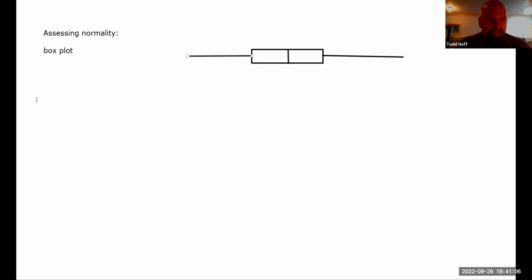A dot plot. Same type of thing. You have your number line, and you have your dots.